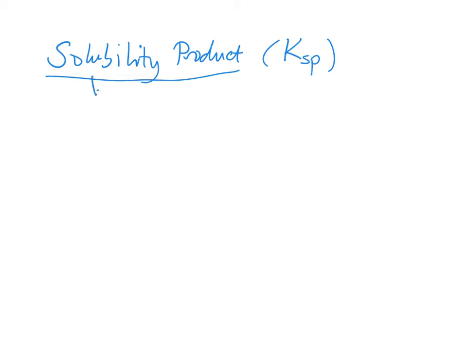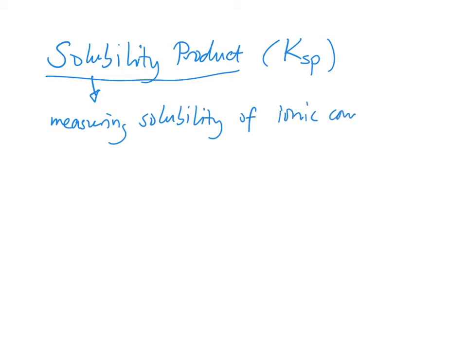So what we're really talking about is measuring the solubility of things that we would normally have described earlier in the year as not soluble. So measuring the solubility of ionic compounds that we might label as insoluble or largely insoluble.